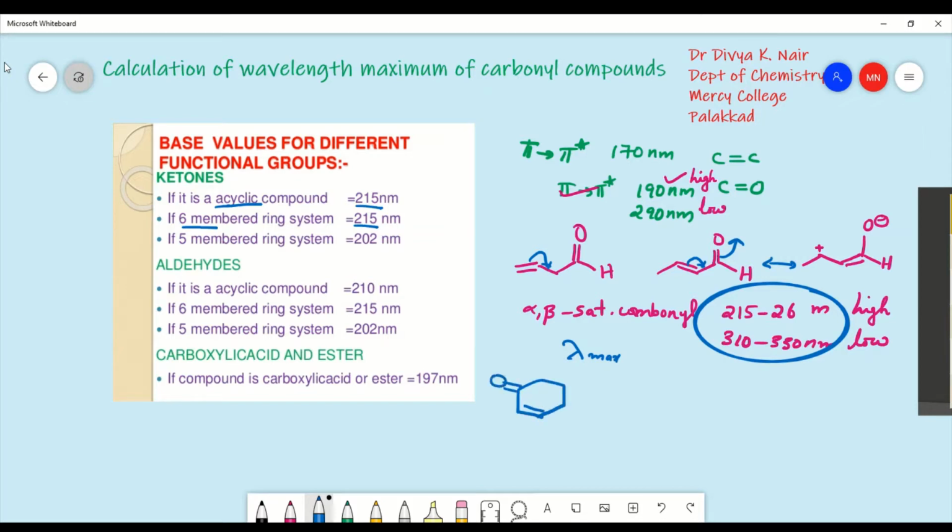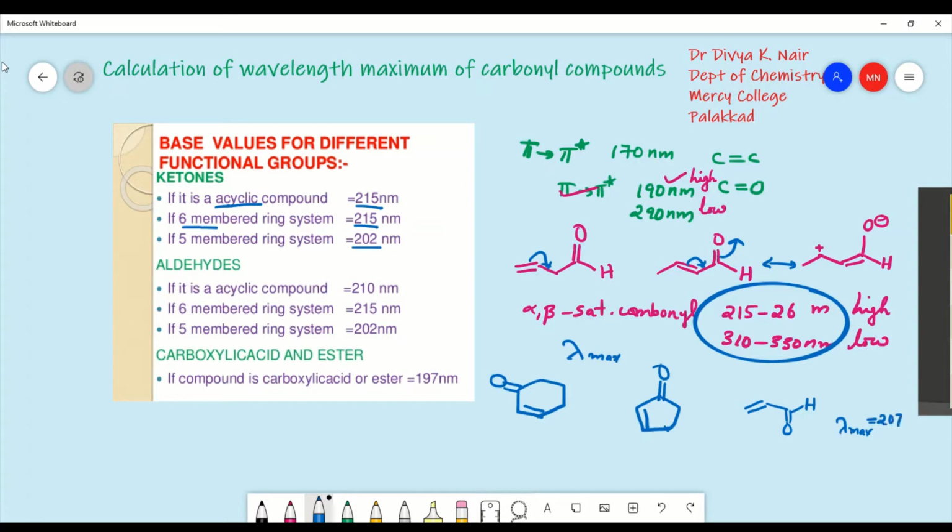Six-membered with the unsaturation in conjugation. Now 5-membered alpha beta unsaturated ketone means like this. So it is having a lesser lambda max compared to 6-membered. It is 202 nanometer. Now if it is an alpha beta unsaturated aldehyde like this one, that lambda max value will be 207 nanometer.